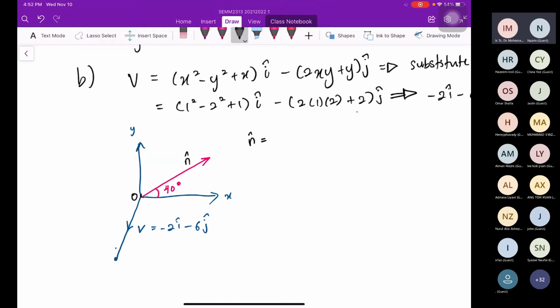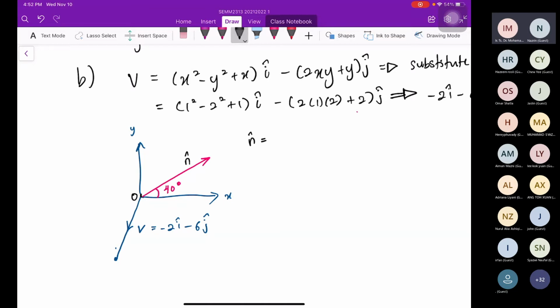Do you still know what is a unit vector? What is unit vector? Before we start. You can Google. Square root of the magnitude. Okay, the square root of magnitude. Why we need to divide with the square root of magnitude? Like hypotenuse.